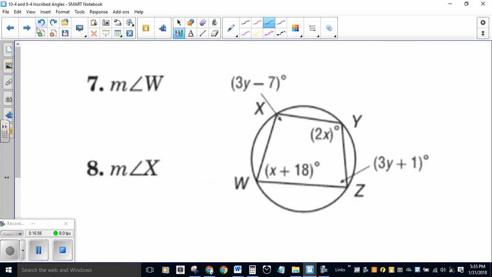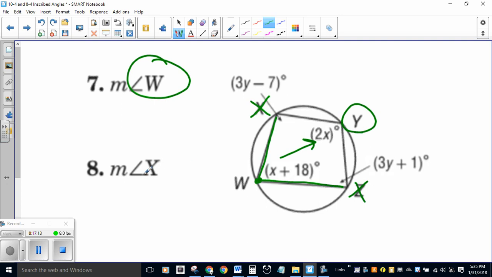Alright. For number 7 and 8, we're going to do the same thing. Number 7 says angle W, so here's angle W. If I follow this direction, I eliminate X. If I follow this direction, I eliminate Z. So that means the one it has to be opposite from is Y. So for number 7, angle W and angle Y are opposite angles.